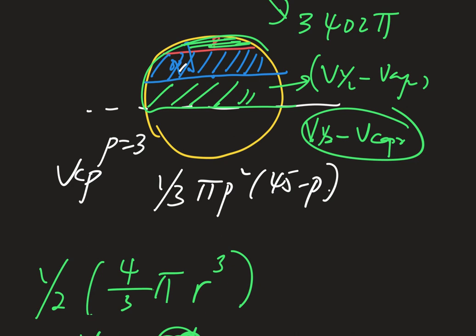Half here I minus V cap 1, minus this volume here, which is V half minus V cap 1.